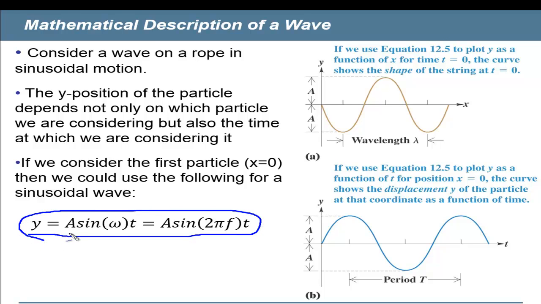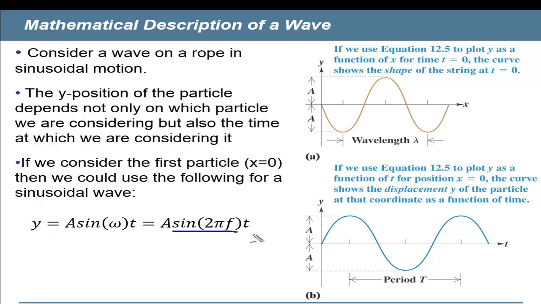So y would be the amplitude times the sine of the angular frequency times the time, or replacing the angular frequency with 2 pi times the wave frequency, the y position is the amplitude times the sine of 2 pi f times the time. Okay, so this is only good if I'm talking about the particle that is located at a position of x equal to 0.